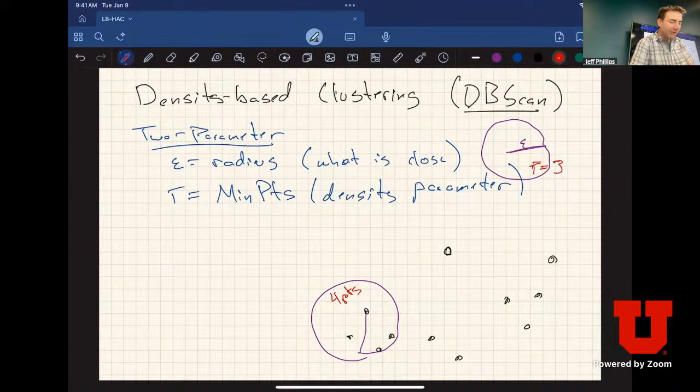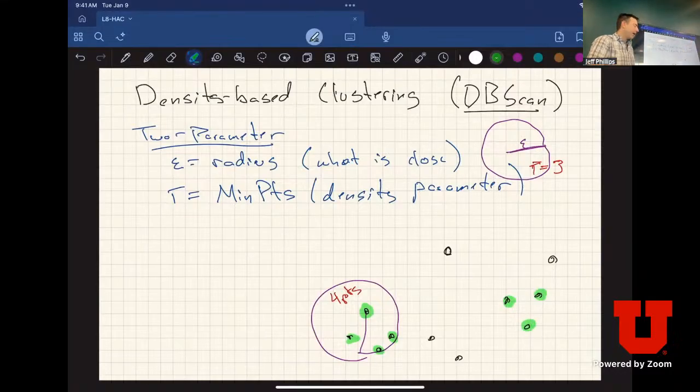If I see that the density parameter is satisfied for this radius, I'm going to mark the point as a core point. By symmetry, you'll see basically all of these points are core points. And let's say these 3 points are also going to be core points.